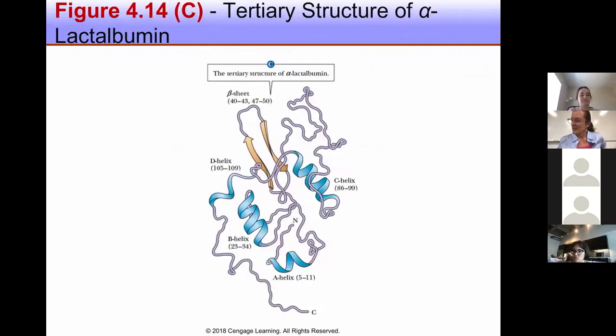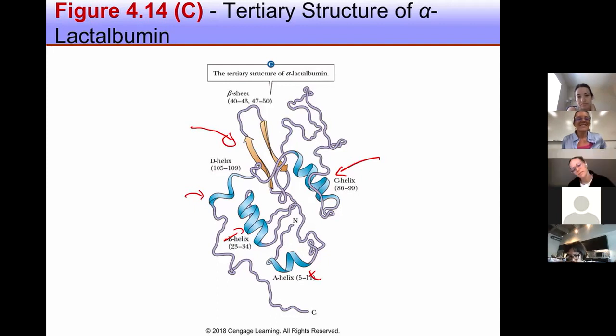This is alpha lactalbumin. So here's an example of a globular protein. It has helices. There's a little one, and then it has 1 beta sheet. Is this beta sheet parallel or anti-parallel? Anti-parallel?